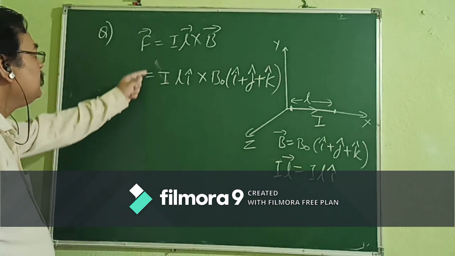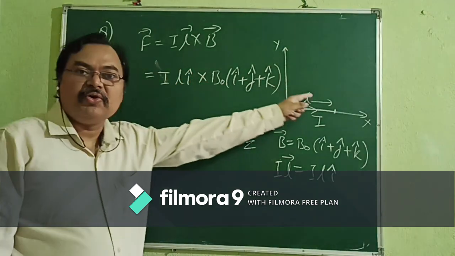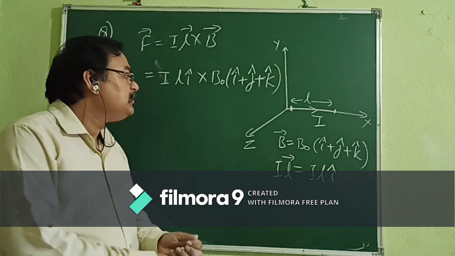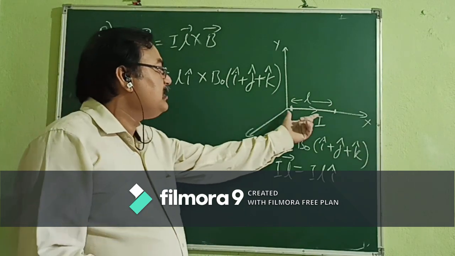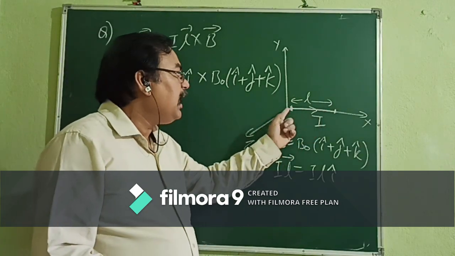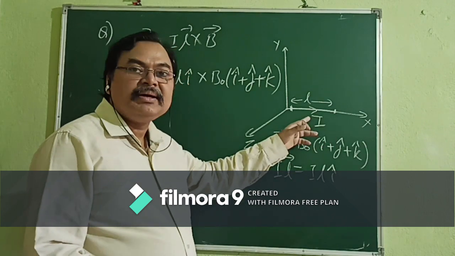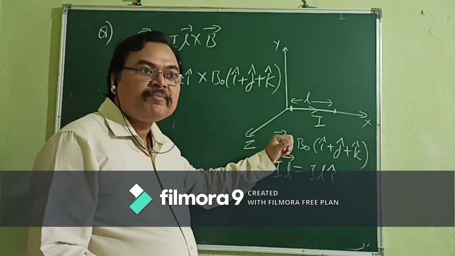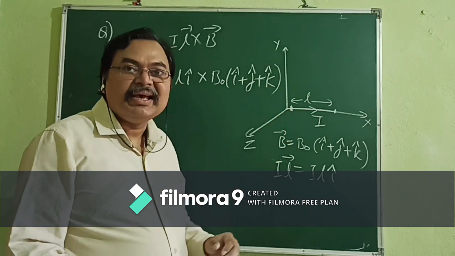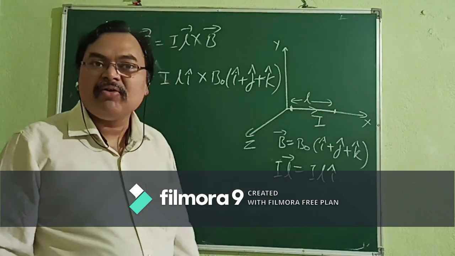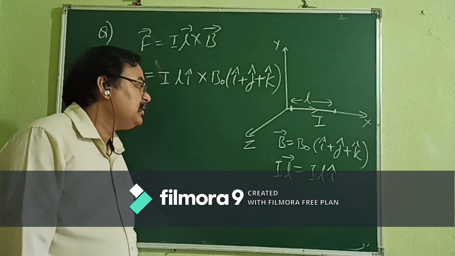See, this is the question we are going to take. In this question, a conductor is there of length L, and it is placed along the x-axis, and it is carrying current I. The length of the conductor is L, and you can see the direction of current is along the positive x direction.